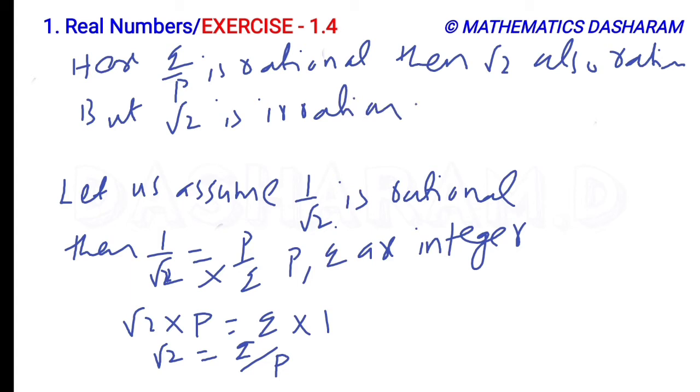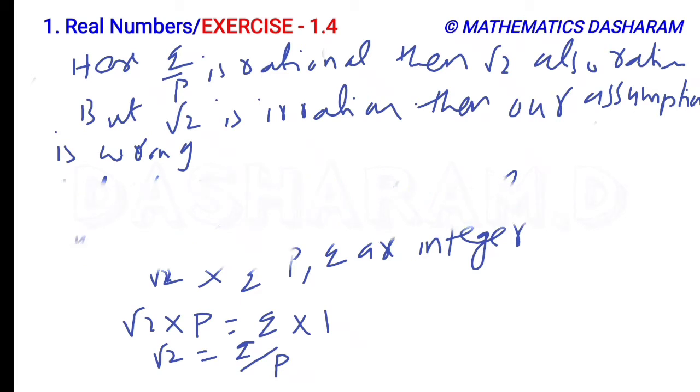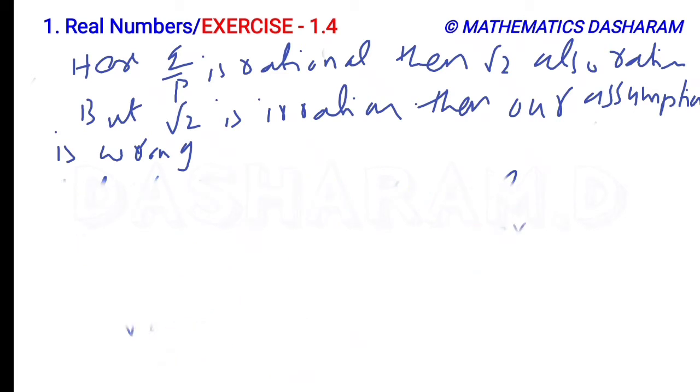So then our assumption is wrong. What is our assumption actually? 1 by root 2 is a rational number. So our assumption is wrong. Therefore 1 by root 2 is an irrational number. So this is called the proof by contradiction method.